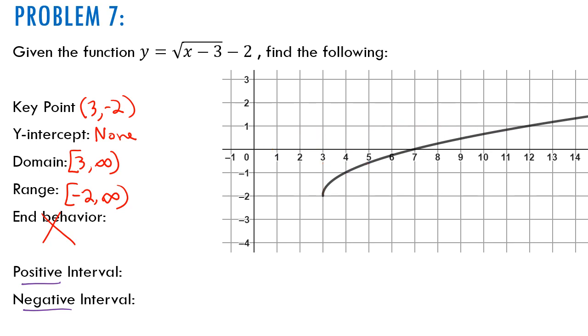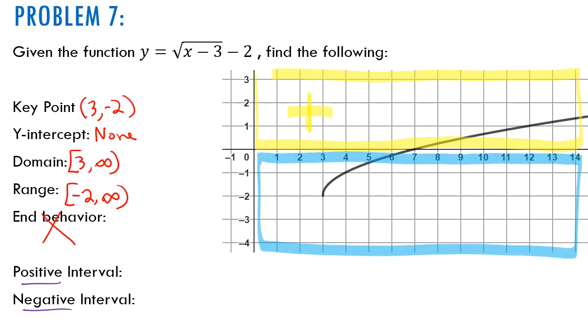So positive interval. Positive interval is where the graph is above the x-axis. So anything up here is considered the positive interval, and anything down here is the negative interval.